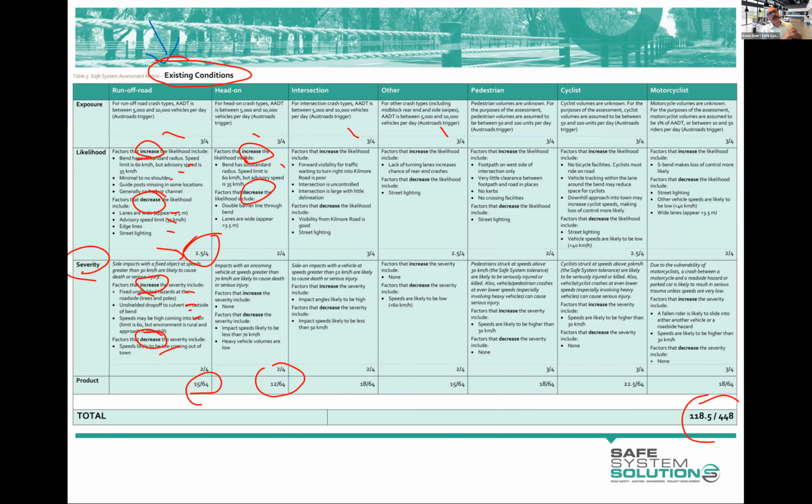So you do your existing conditions comprehensively and make sure you're really happy with it, because you're going to use that as the basis for assessing the designs. You then copy that whole thing, all of the words, all of the justification and all of the scores, paste it, and then get out the first design you're looking at.